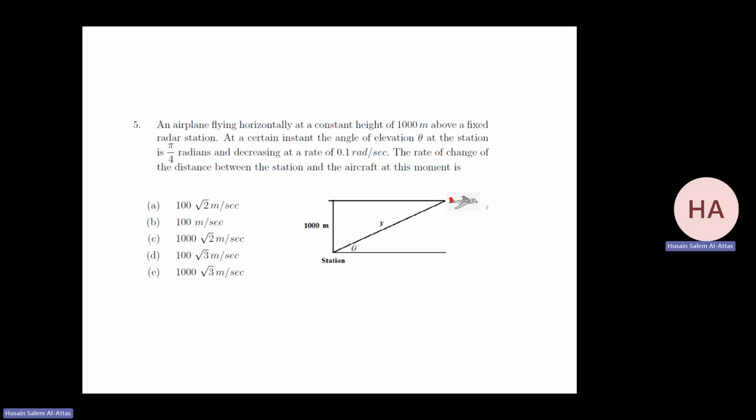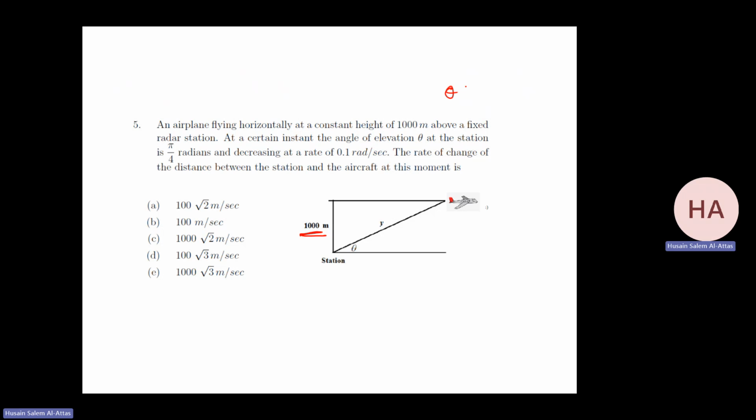Okay. This is another problem. This is in all the exams. I'm doing now a problem from the old exams. An airplane is flying horizontally at a constant height of 1,000. This is the height, above a fixed radar station. At a certain instant, the angle of elevation at the station is pi over 4 radians.